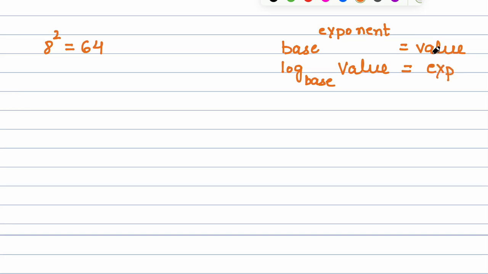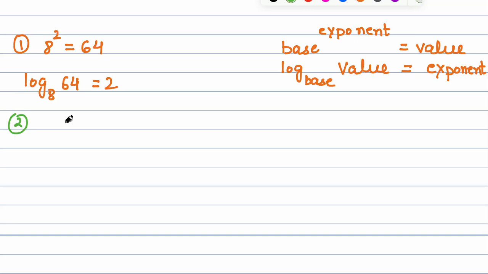Here the value is the answer, and in case of log the exponent is the answer. So if we have to convert, log base 8 of 64 is equal to 2. Okay, so I'll keep on writing some questions. You can just pause and practice on your own.